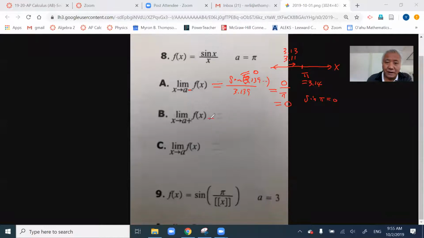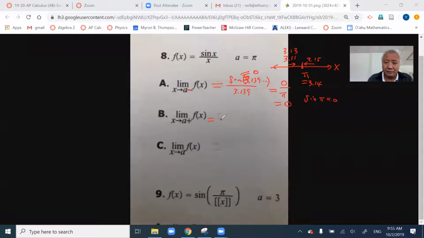And then when you go to the right limit, that means this time the x value goes from the right side approaching pi, right? When it approaches pi, you will have like 3.15 on this side, going this way.